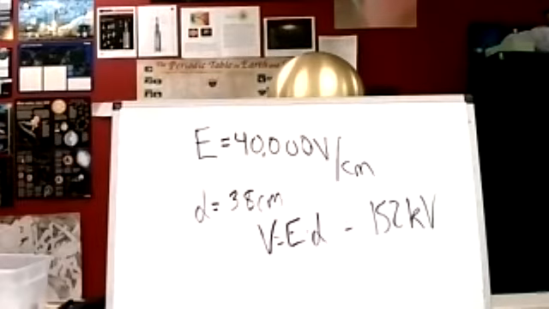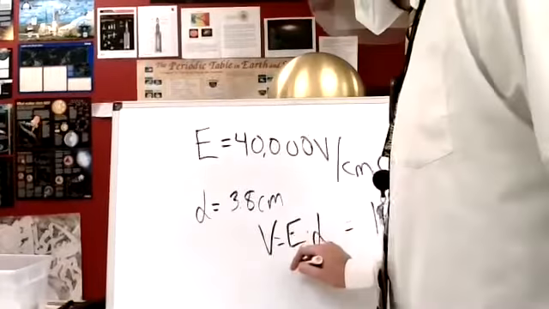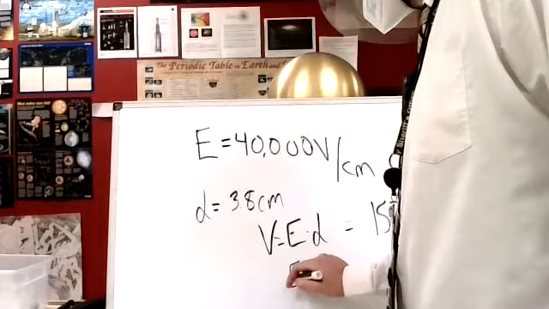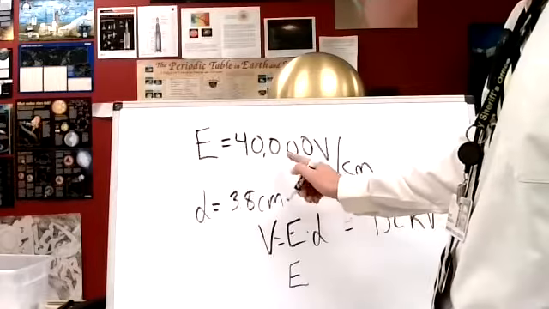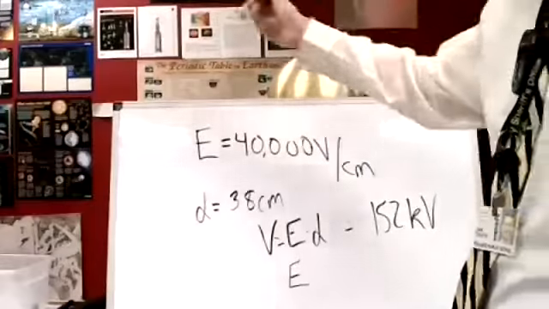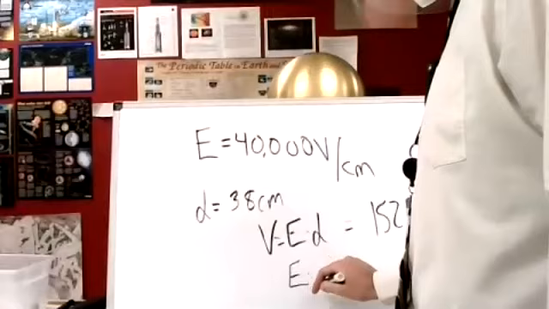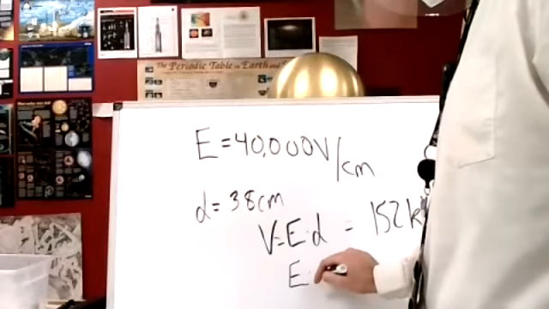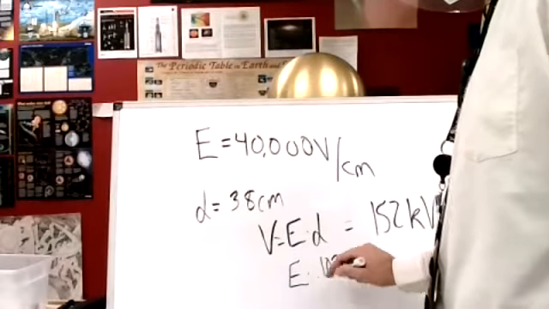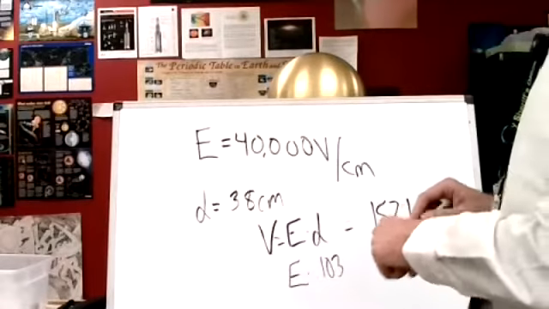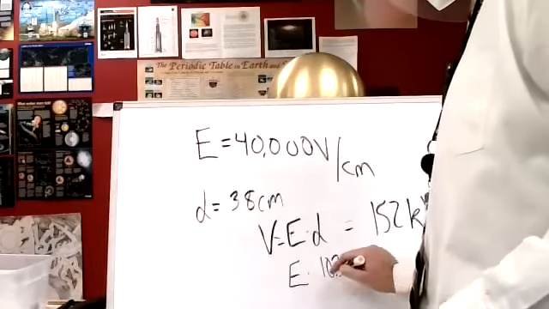So 10.3 centimeters, what would that be? The same electric field, and again, this is in dry air, so how moist is the air matters. 40,000 times 10.3. I'm sorry, we kept it in centimeters, so 10.3.